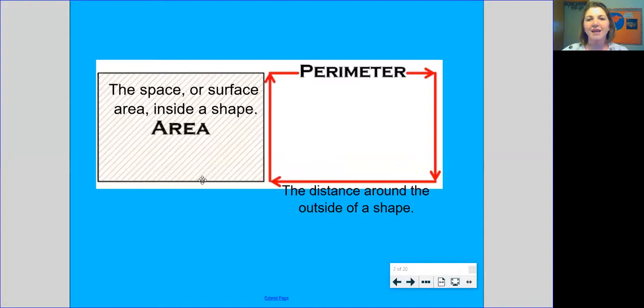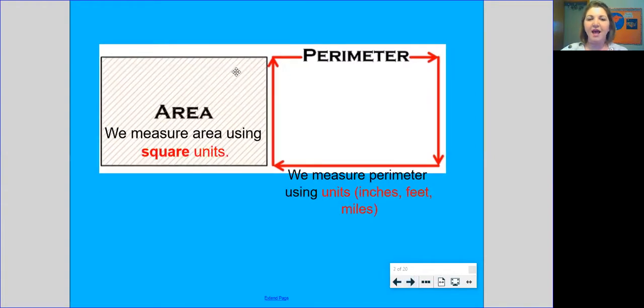When we talk about area, area is defined as the space or surface area inside a shape. When we talk about perimeter, perimeter is the distance around the outside of the shape. And when we measure area, we use a measurement called square units because we can't measure from one end to the other like we would with a ruler.